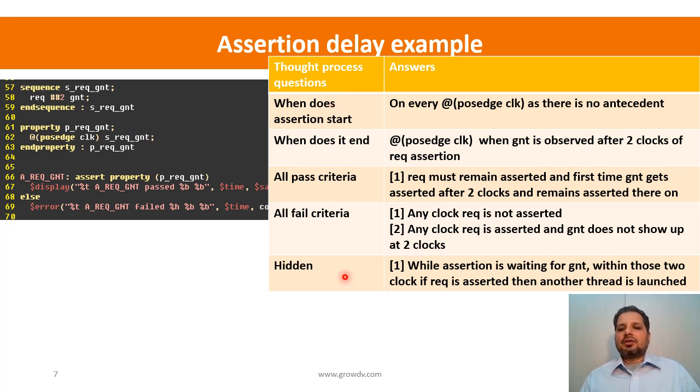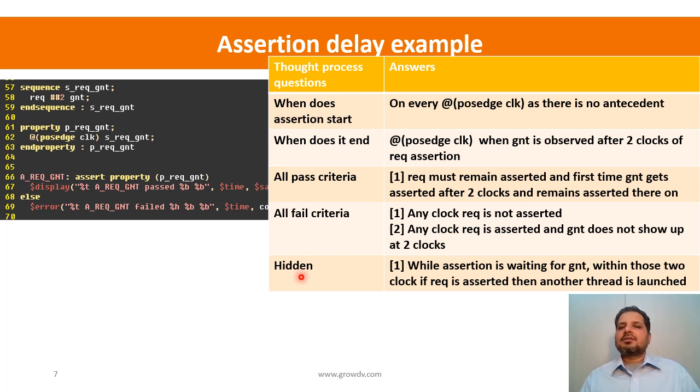But this concept of hidden, you have to keep in the back of your mind, and hence whenever you see a property, these are the questions you should practice thinking about: when is this assertion going to start, when is it going to end, what are all the pass criteria, under what conditions it is going to truly pass, and under what conditions it is going to fail.